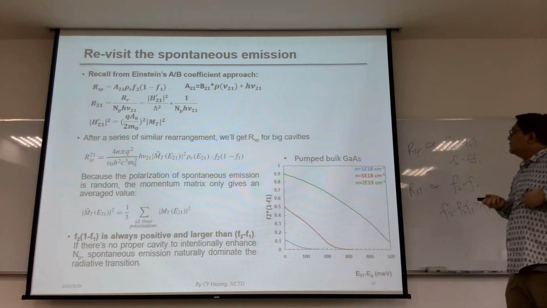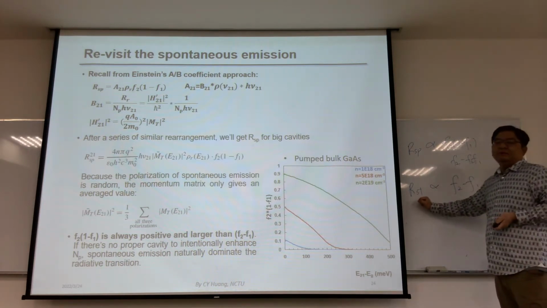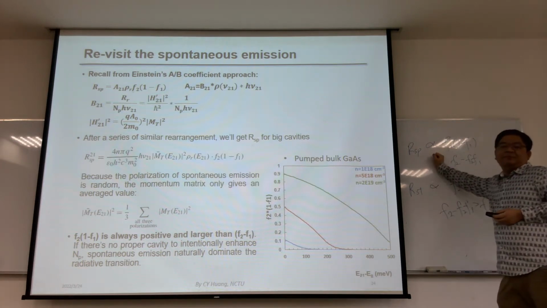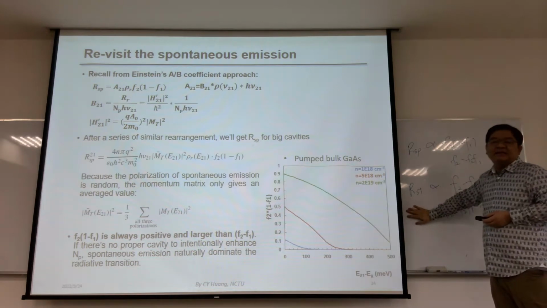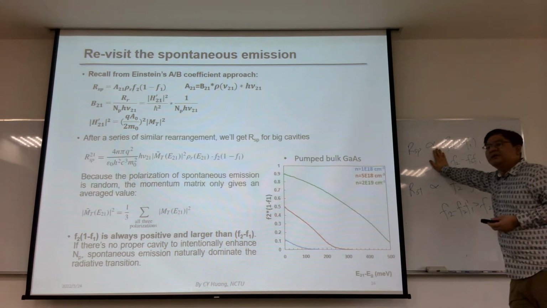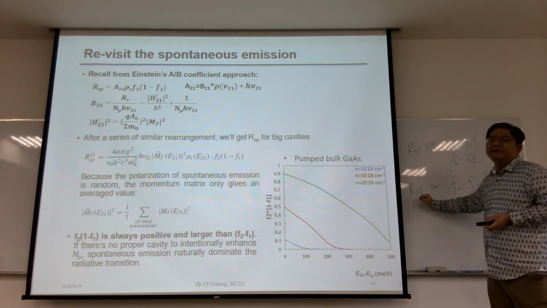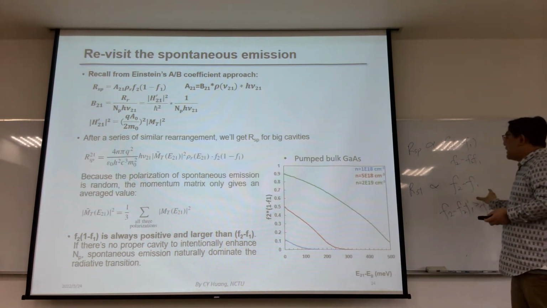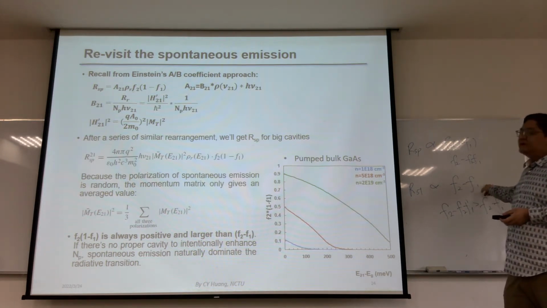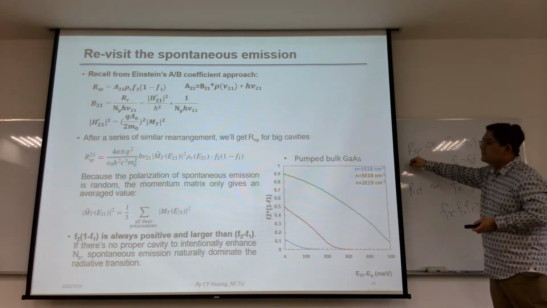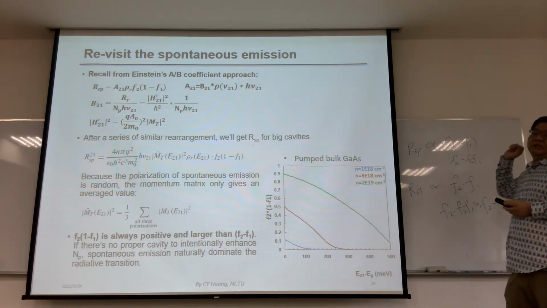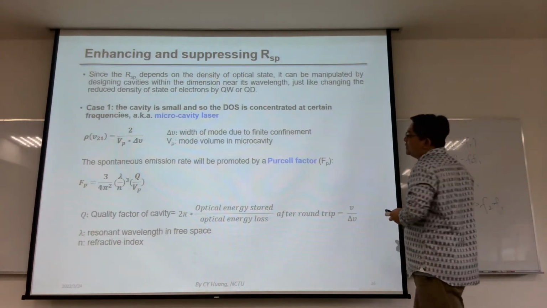So what should we do if we want lasing to be easier? We have to try to either enhance the stimulated emission or suppress R_sp. You can try to make the stimulated emission stronger somewhere other than the population factor, or try to make R_sp prohibited in your structure. It's all an allowed strategy.